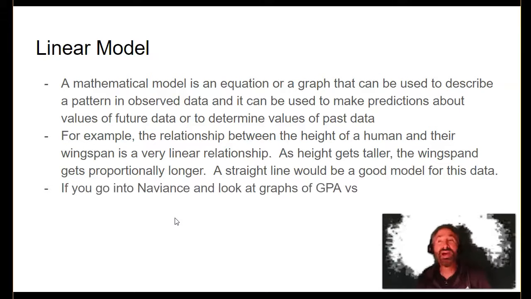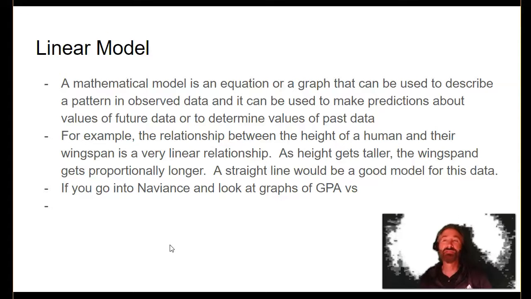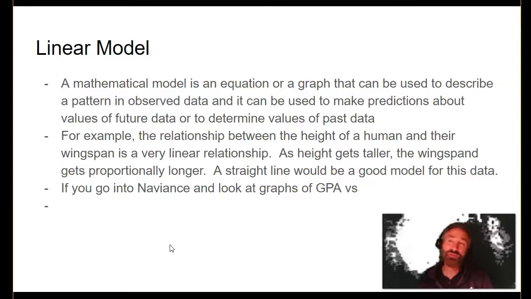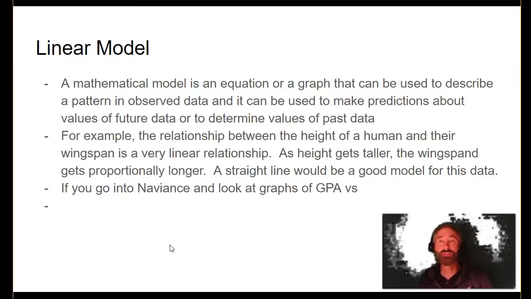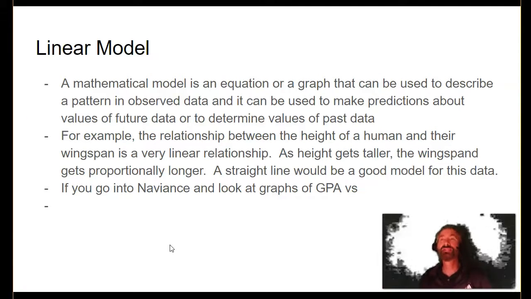If you go into Naviance and you look at the graphs of GPA versus SAT score, and we're going to see them in a minute, you'll see that a straight line would be a good model for the data. But a straight line is not a good model for all data, and that's one reason why I'm giving you this lecture right now.